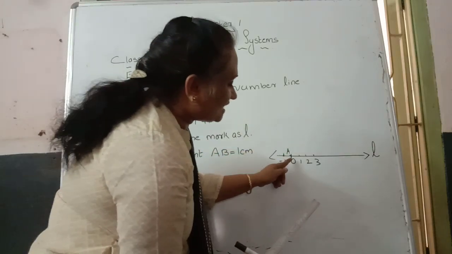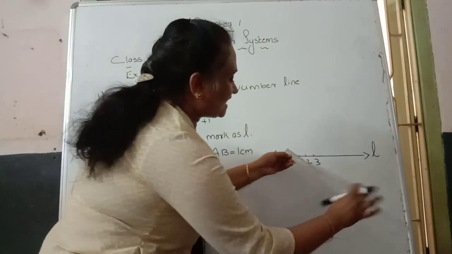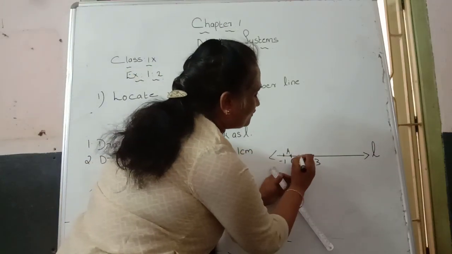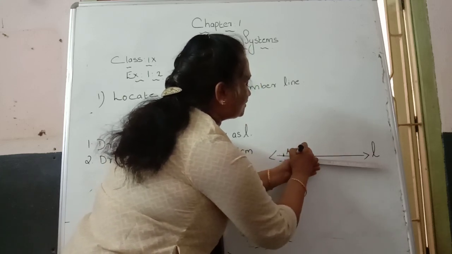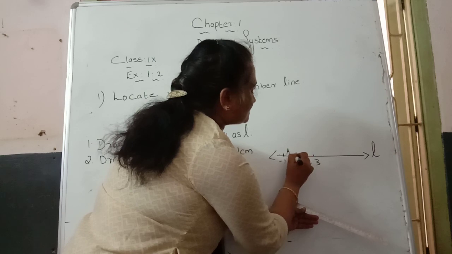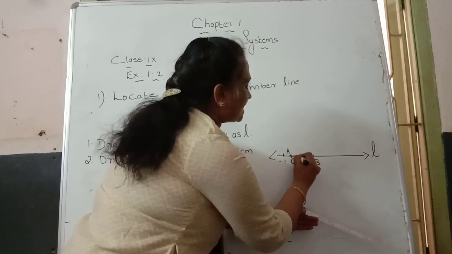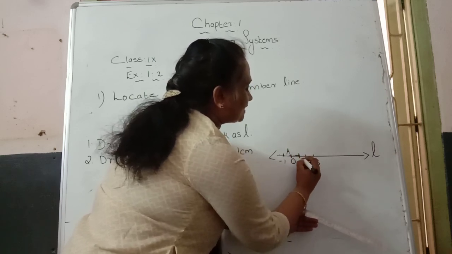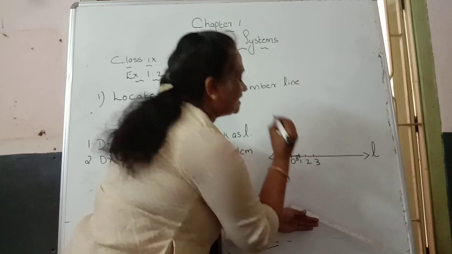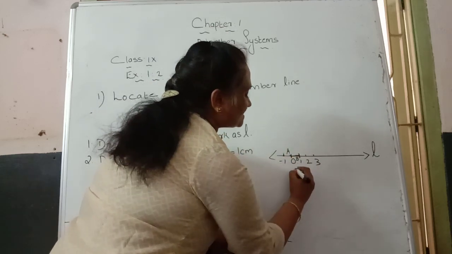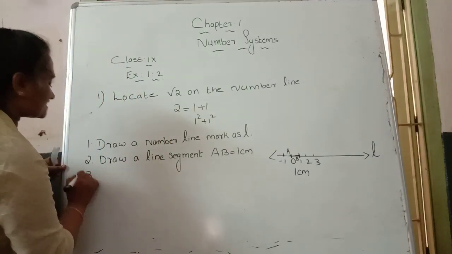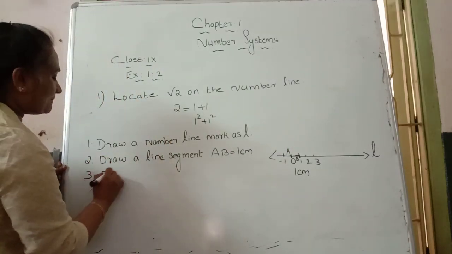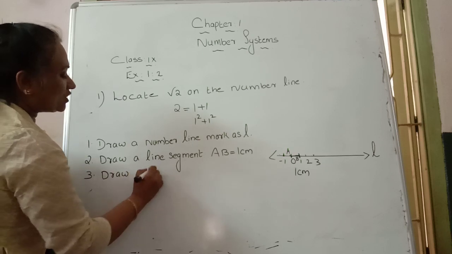We mark the 0 place as A. From A measure 1 centimeter and join with a line segment. There you mark the 1 centimeter cutting point with an alphabet B. So the A to B distance is 1 centimeter.